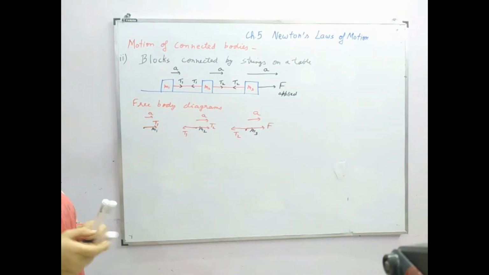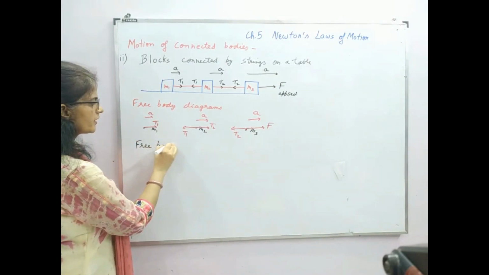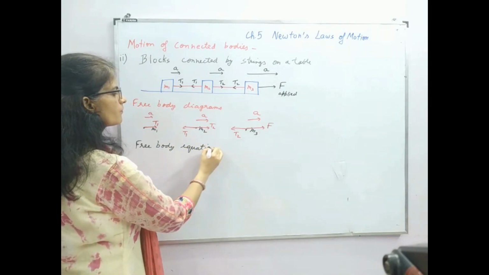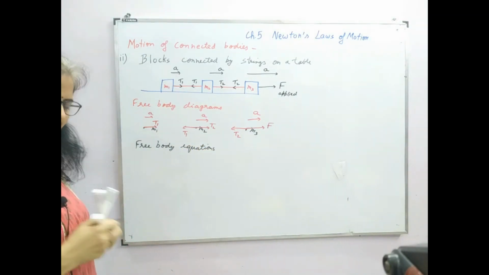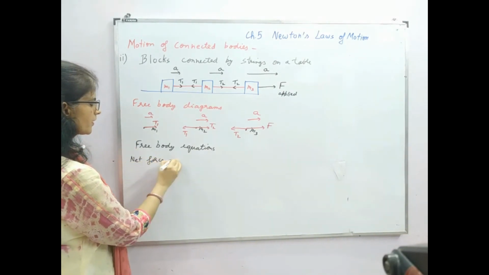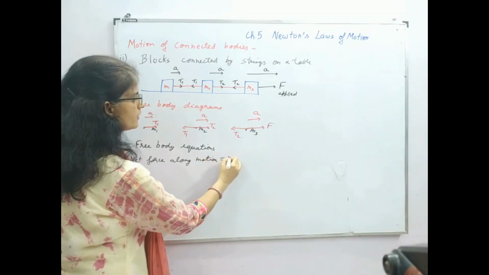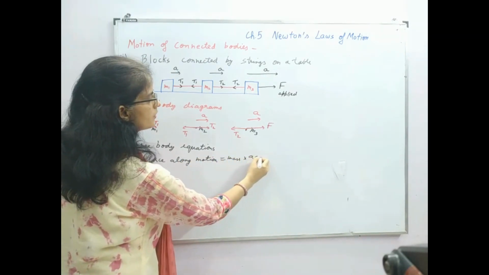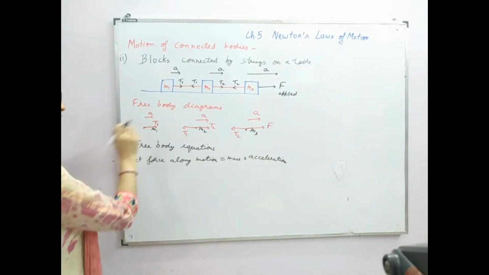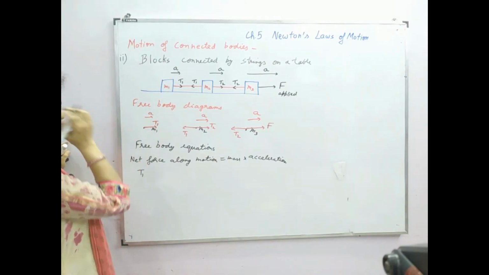Now we'll have to write the free body equations using Newton's second law. What is that? That is net force along motion is equal to mass into acceleration. Yes. So net force along motion for mass M1 is T1.